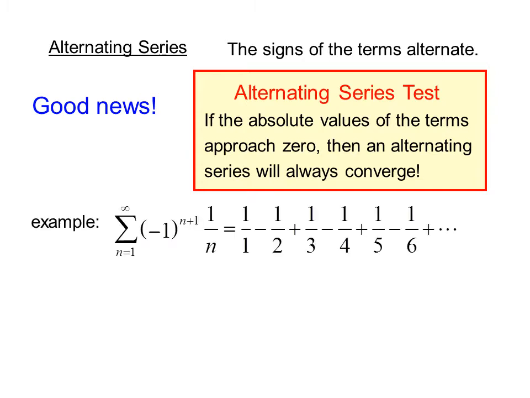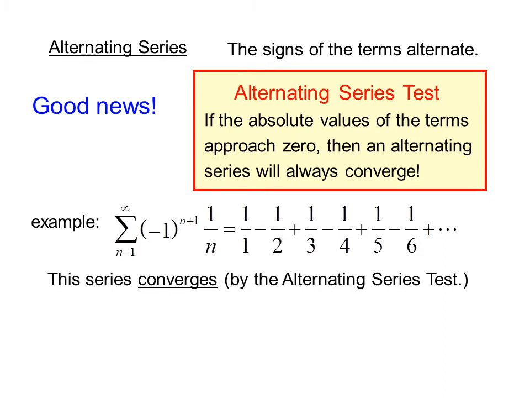Example: the summation as n goes from 1 to infinity of negative 1 to the n plus 1, 1 over n, equals 1 over 1 minus 1 over 2 plus 1 over 3 minus 1 over 4 plus 1 over 5 minus 1 over 6.